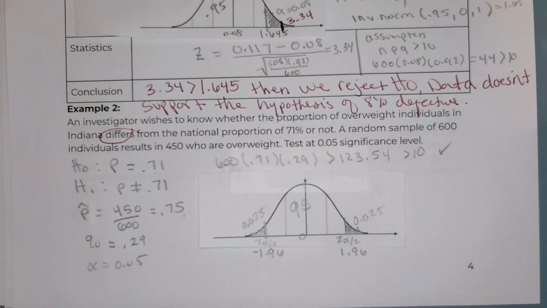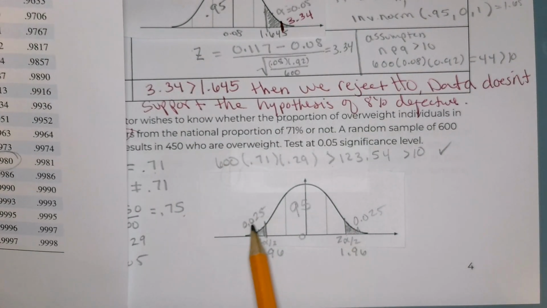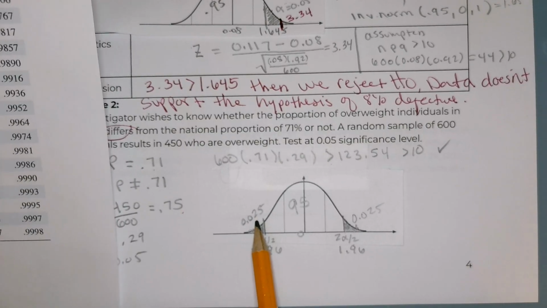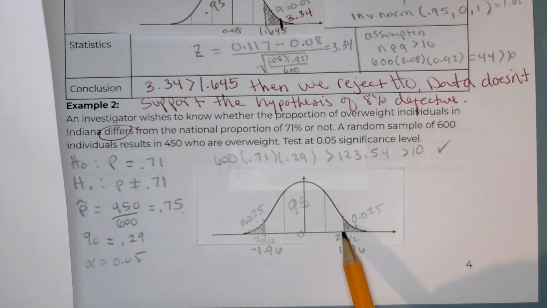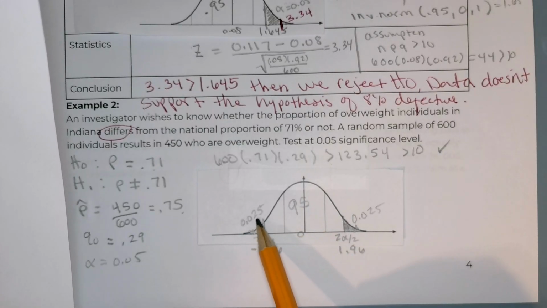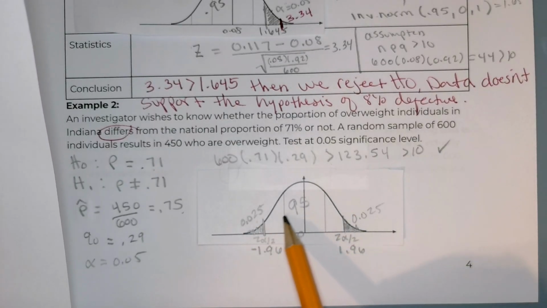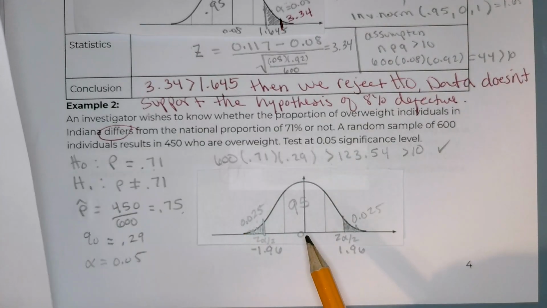So if you memorize those, kudos. If not, you'd have to use the table. And then you remember on this side you're looking for the number that it says, 0.025. But for this tail, you'll have to do 95 plus 0.025. So the whole 97.5.